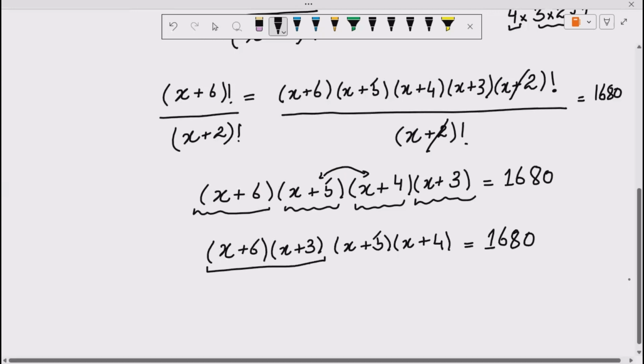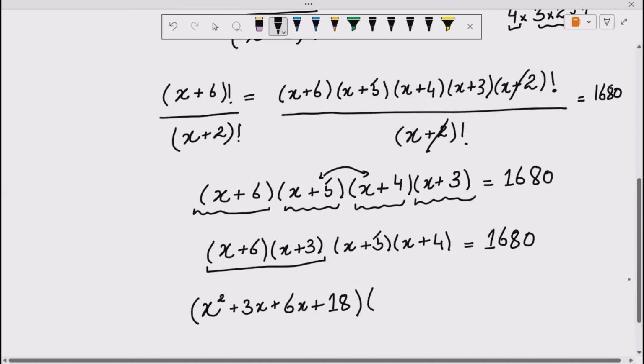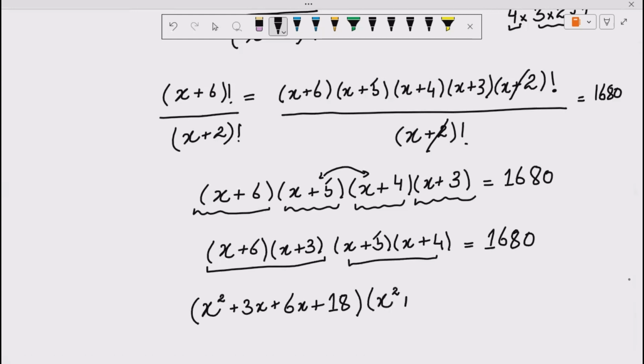So x squared plus 3x plus 6x plus 18, right? This is our first two brackets' multiplication. Now the other two brackets' multiplication is x squared plus 4x plus 5x plus 20, equals 1680.